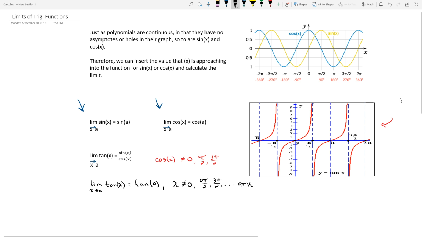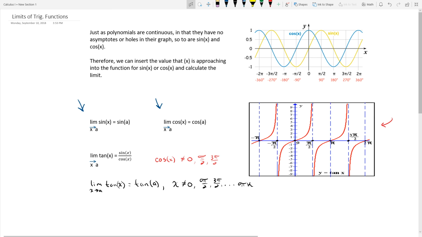As you can see, it's from pi over 2 to 3 pi over 2. That's pi radians. So if we just say that it's plus pi k, then we can determine any asymptote that it might have as a restriction from there on out.